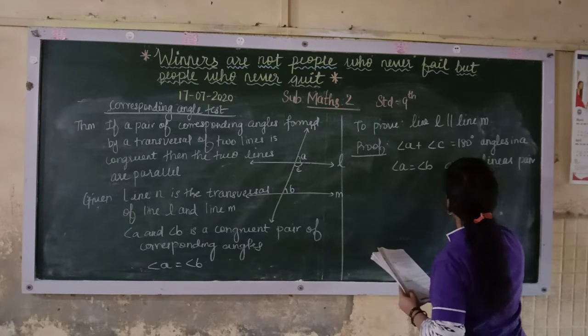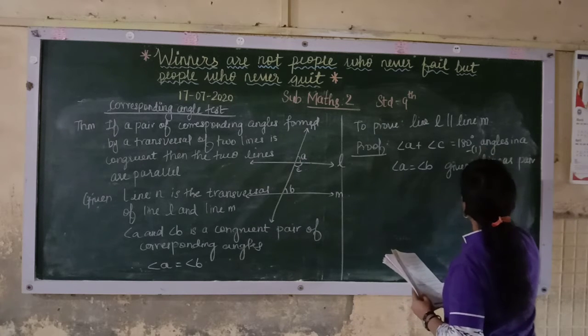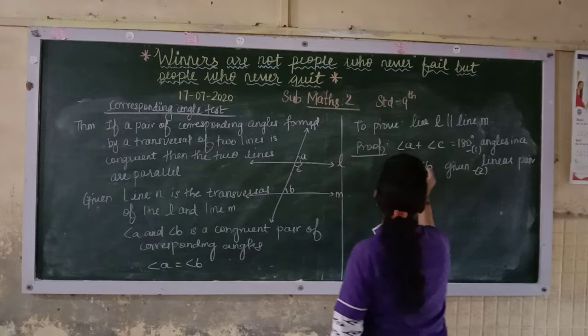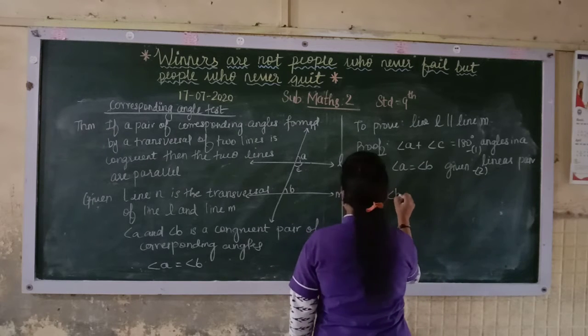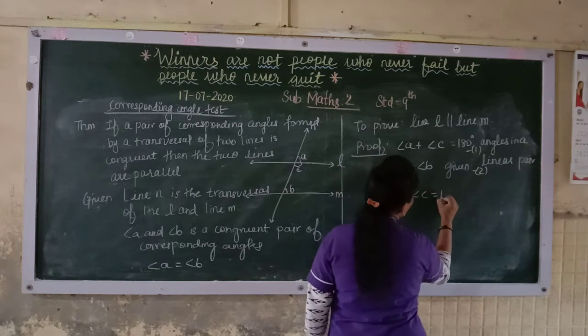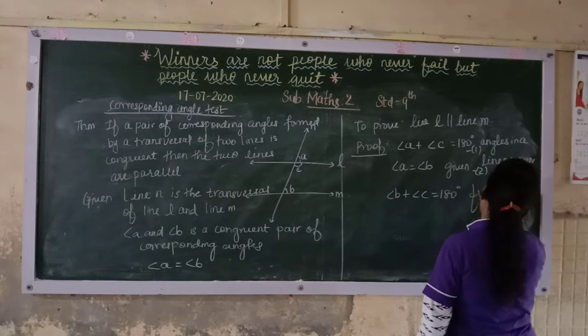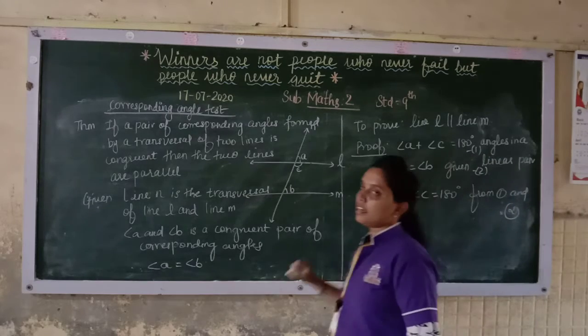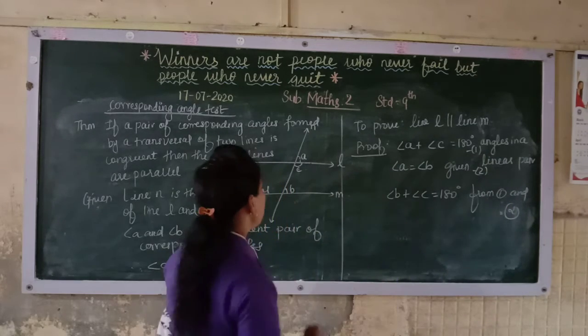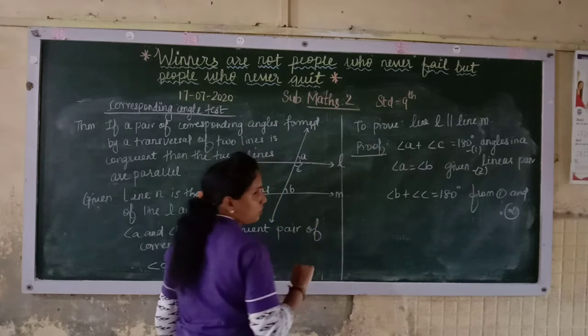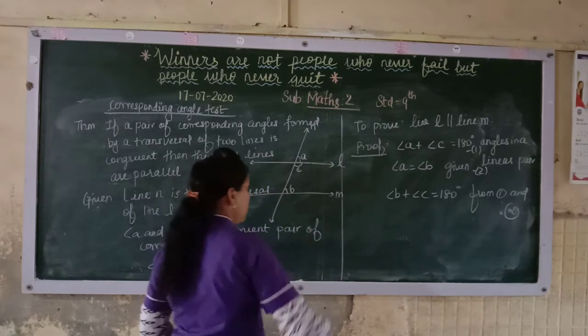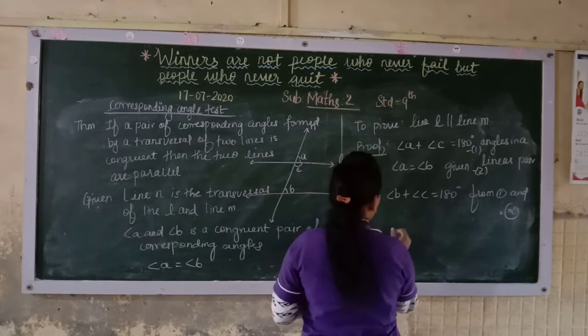We have written that in given. So from 1 and 2, what you will get? You will get that angle B plus angle C is equal to 180 degrees from 1 and 2. But if you see this, these are interior angles. So as these are interior angles on the same side of the transversal, so these two lines will be parallel. So write down what you will write.